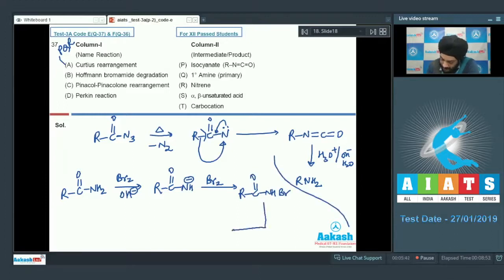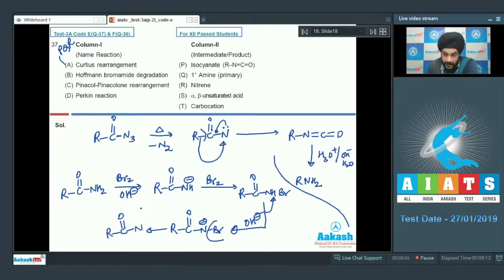Now this OH minus will extract the second acidic hydrogen which is present. So this will lead to the formation of RCONBr minus. Now the Br minus will leave, leading to the formation of nitrene again.